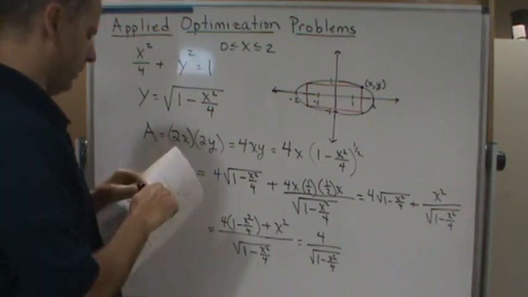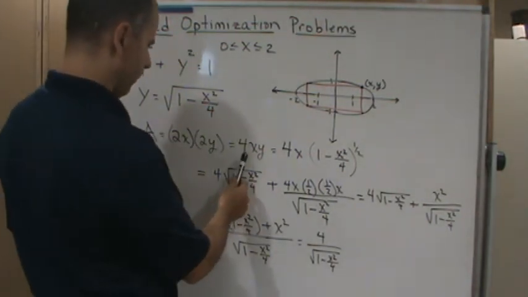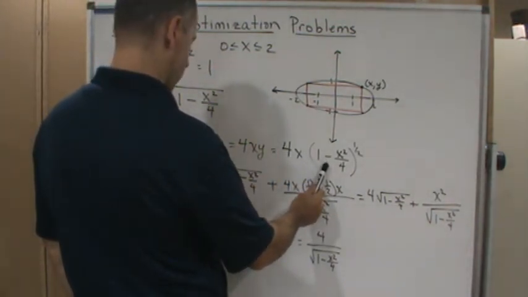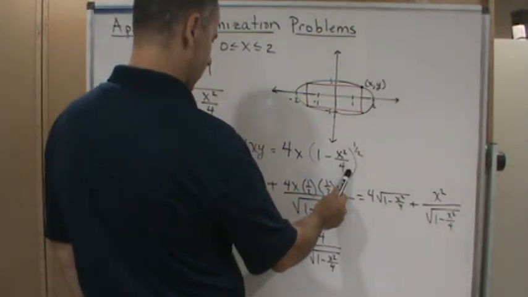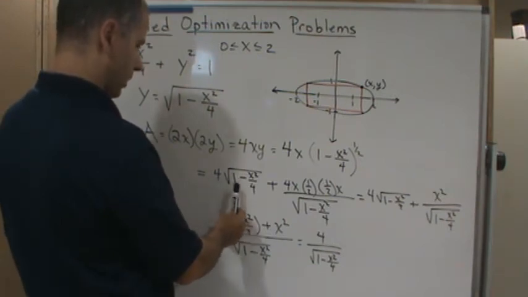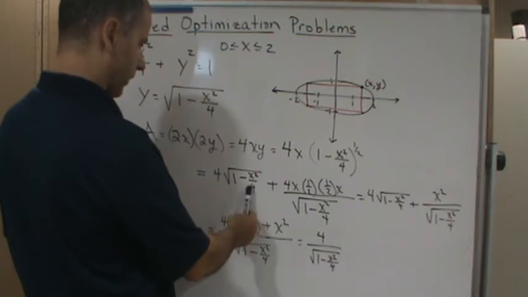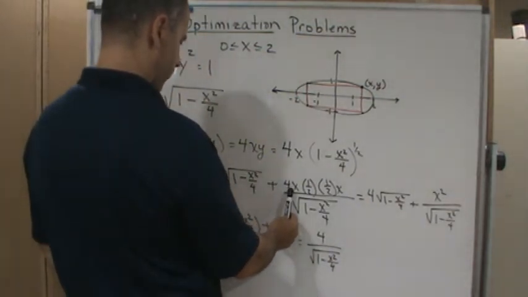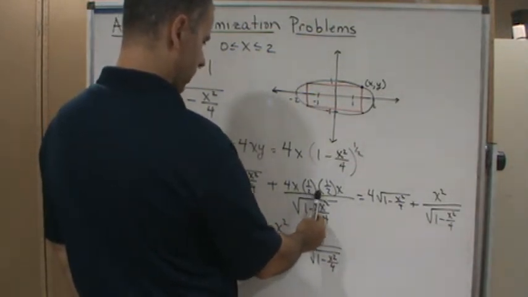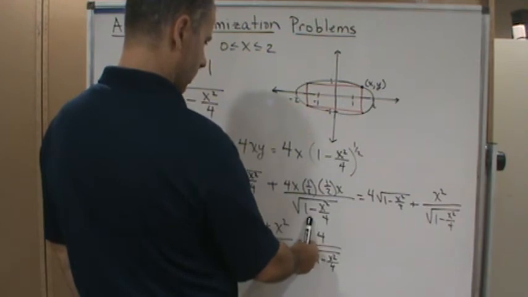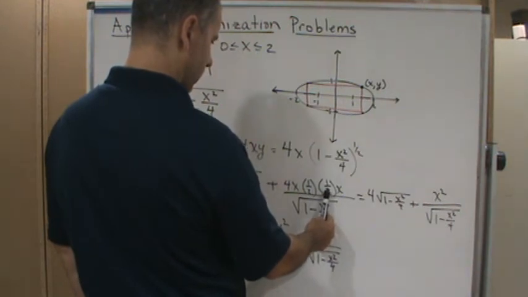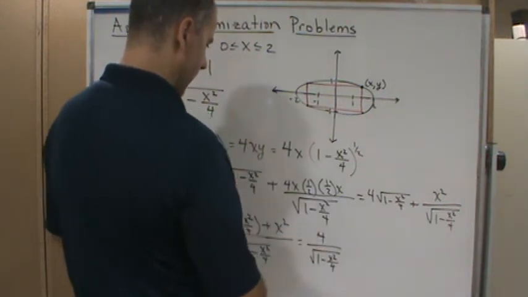Okay, let me go back here, just to make sure I didn't make a mistake. 4x times 1 minus x squared over 4, so it'd be the derivative of the first times the second plus the first times the derivative of the second, which gives me 1/2 times that times the derivative of the inside, which is negative.